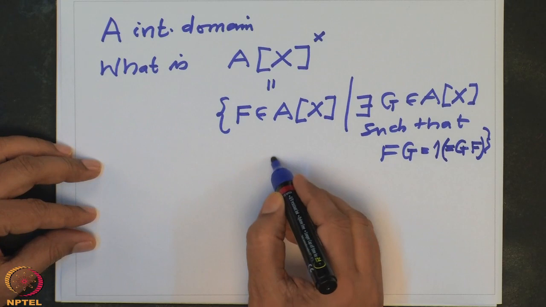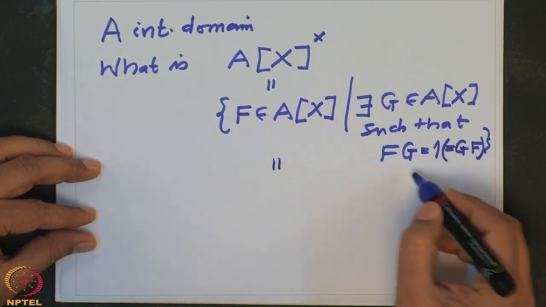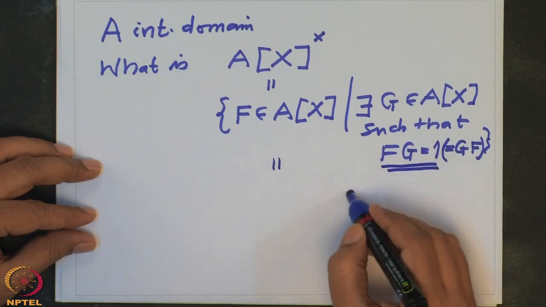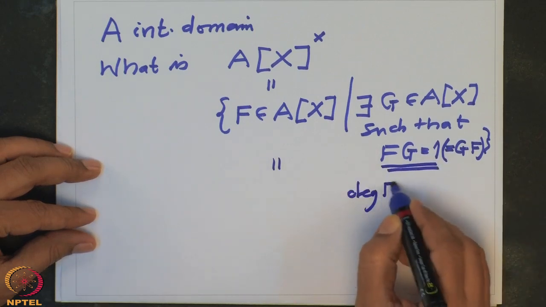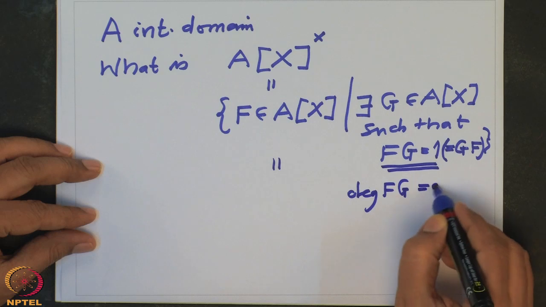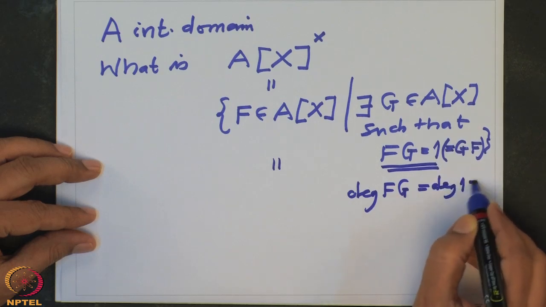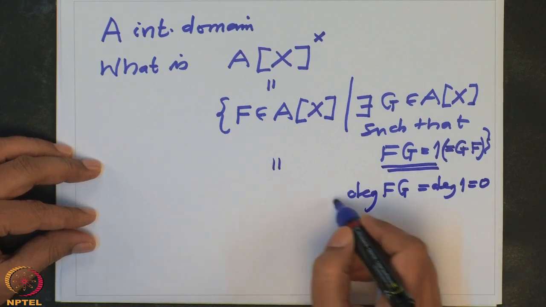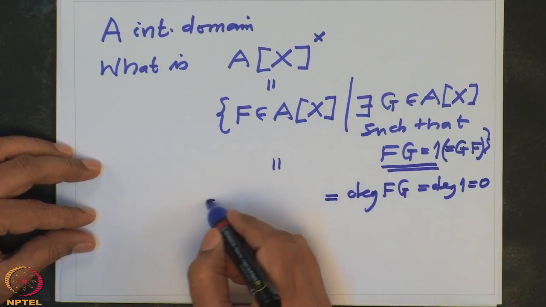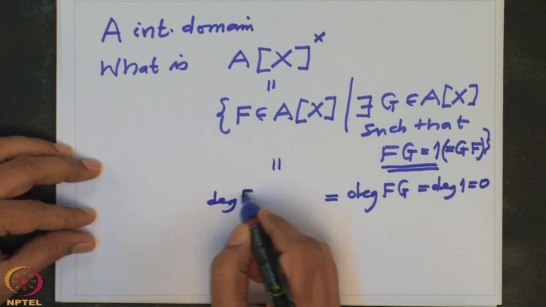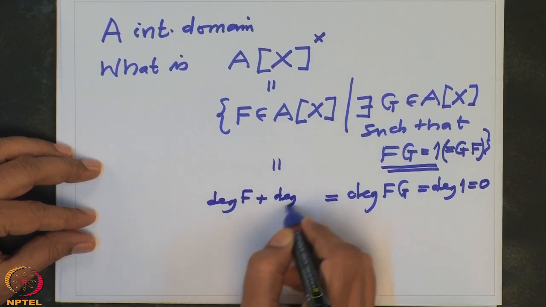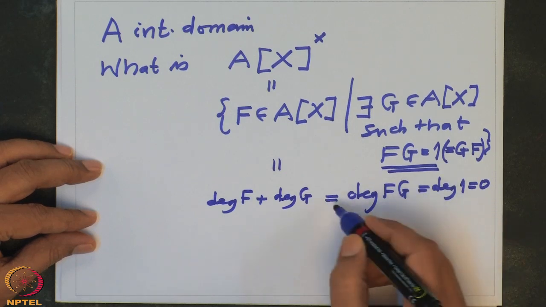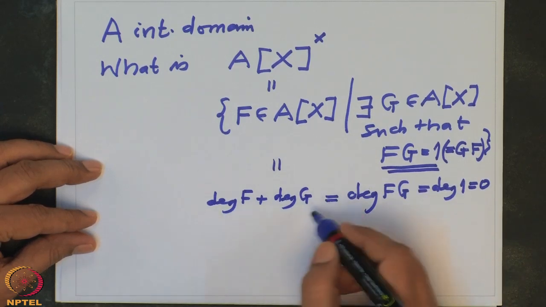But this condition will force what? If I compare the degrees, degree of f times g equals degree of 1, which is 0, since it is a constant polynomial. On the other hand, we know that the degree of the product is degree f plus degree g, because the leading coefficient of this product polynomial is precisely the product of the leading coefficients.